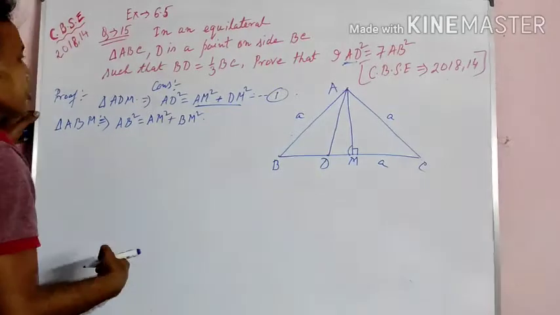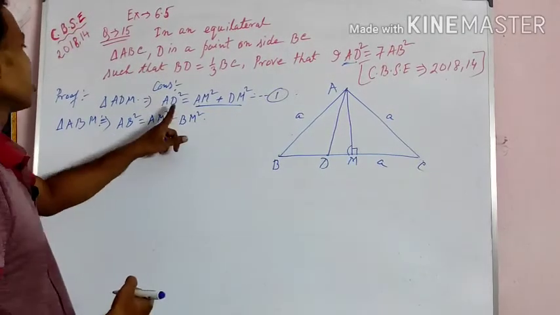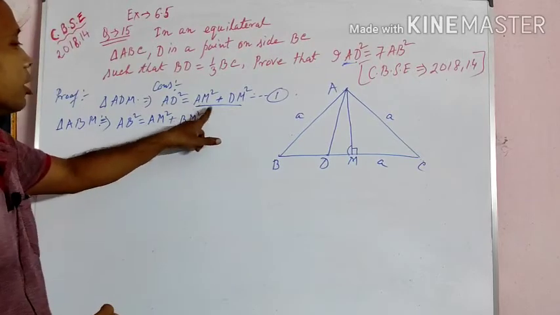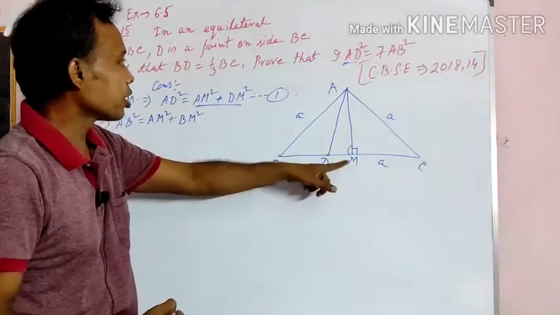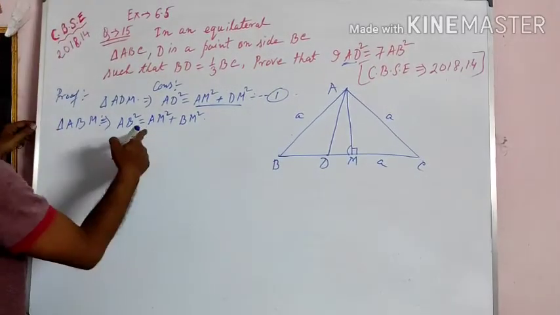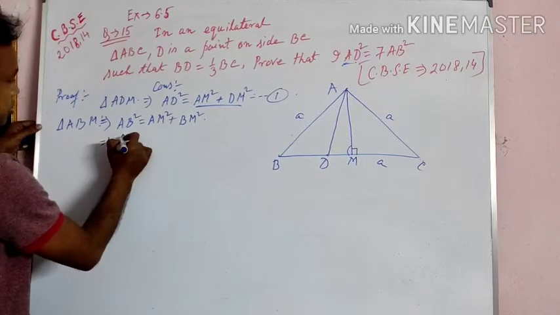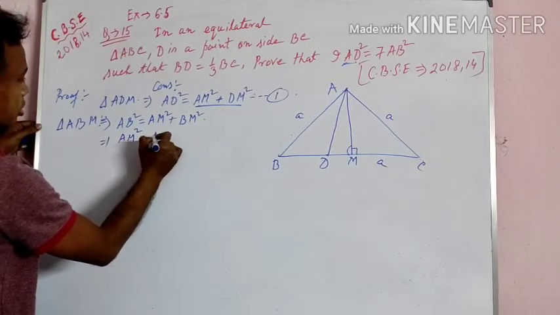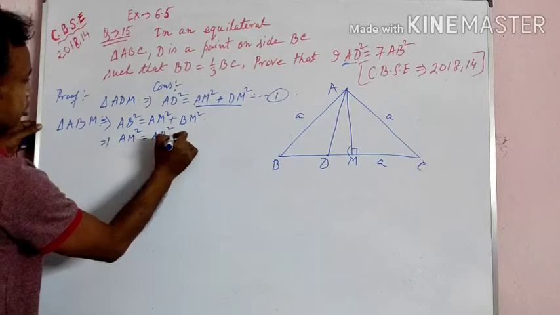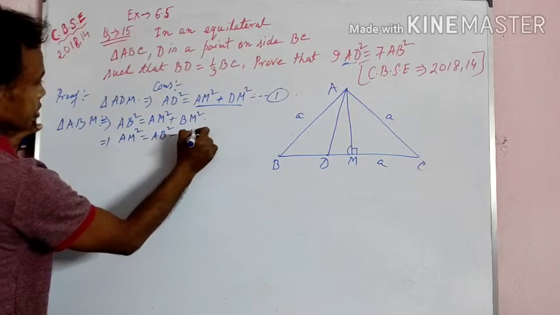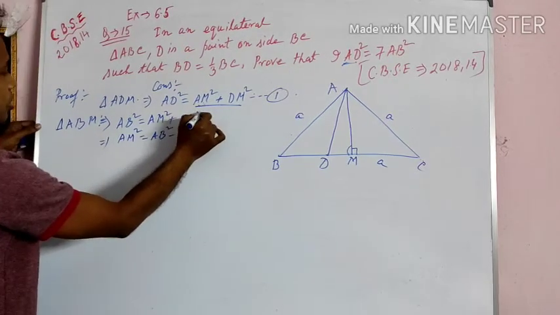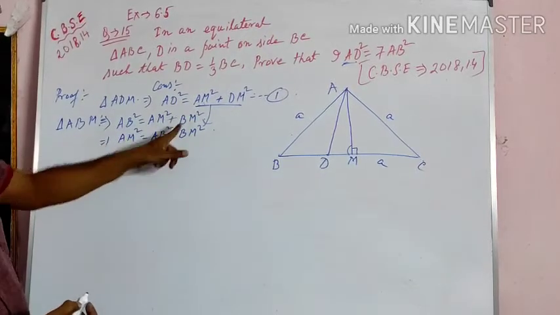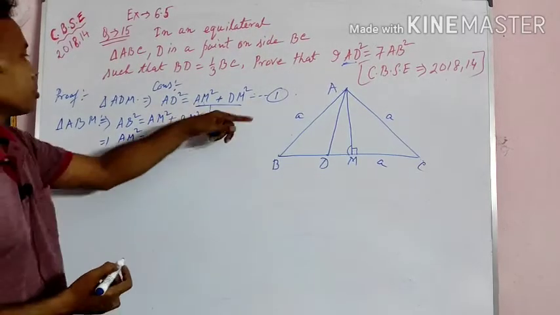So AM square is equal to AB square minus BM square. So replace AM square in equation 1.